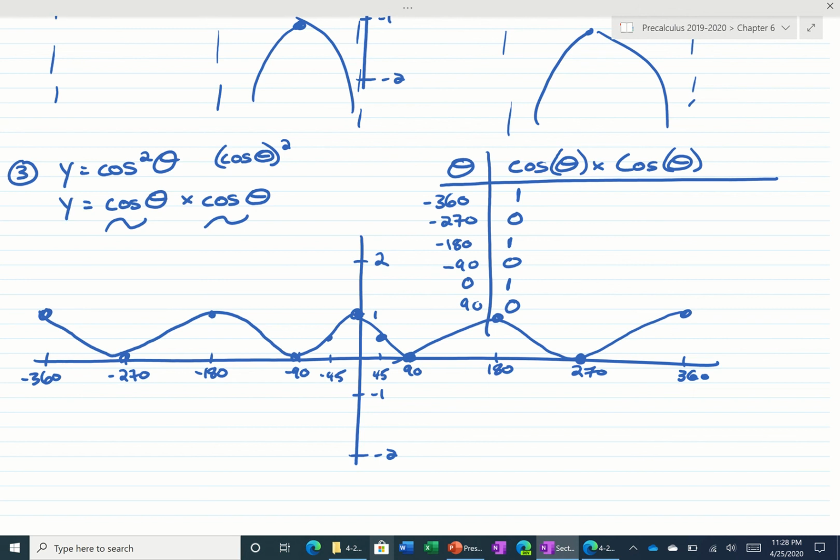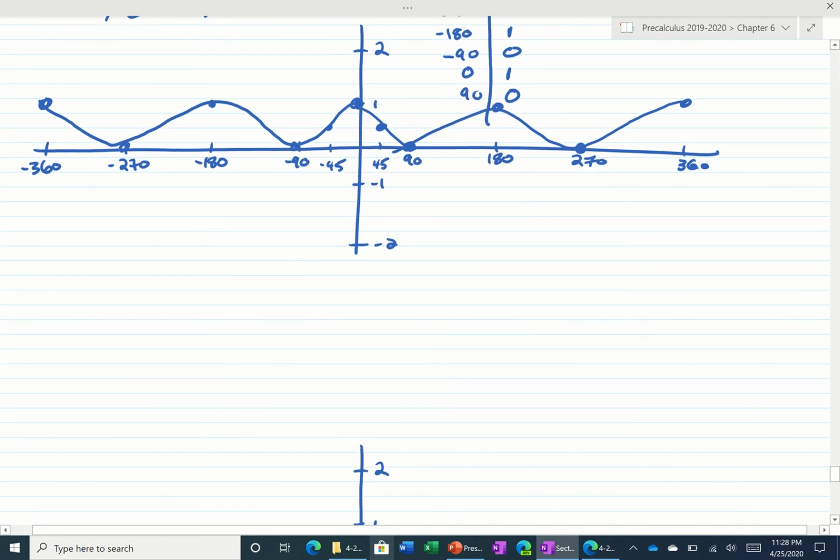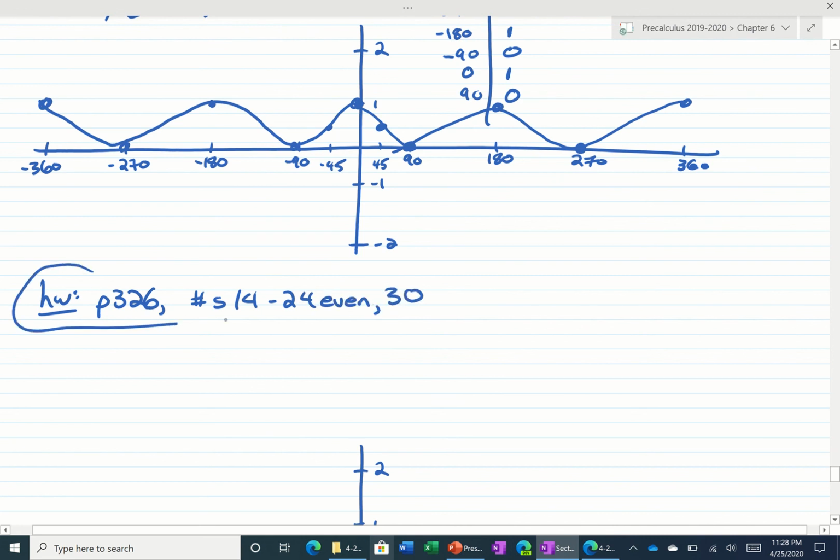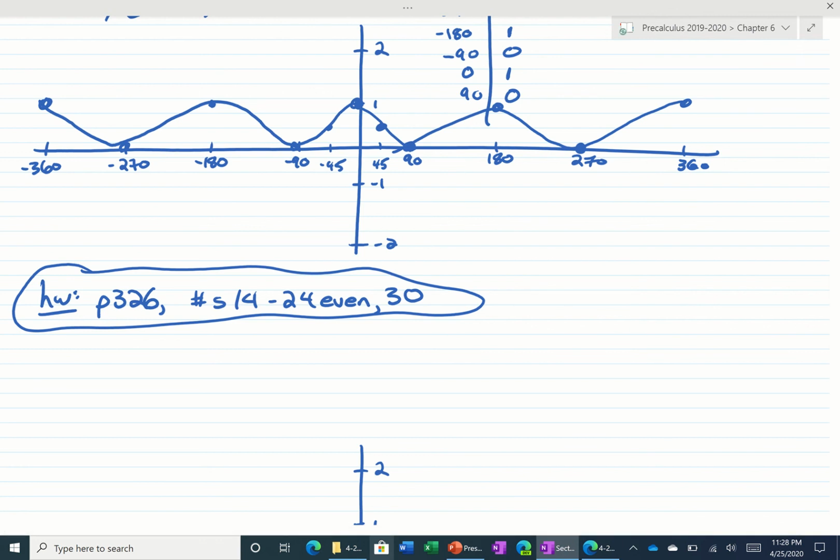On page 326, I would like you to please do numbers 14 to 24 even and number 30. I'm going to actually attach, I made a little worksheet of these, so you didn't have to look in the book. So I'll attach this. Just complete that worksheet. I'll post the answers with my charts, and it should make perfect sense for you.